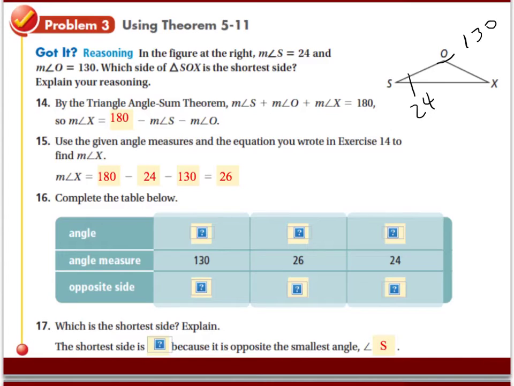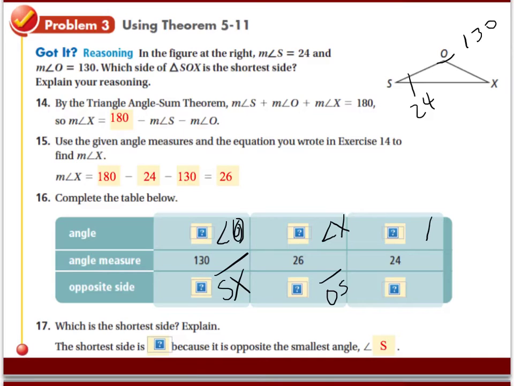So if I look at my little table below, angle O is 130 and its opposite side is SX. Angle X is 26 and its opposite side is OS.